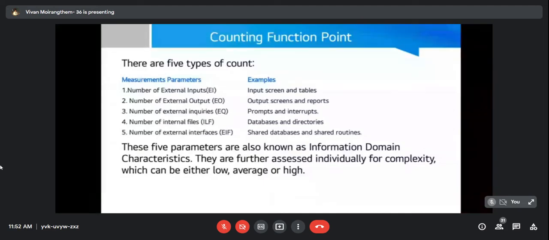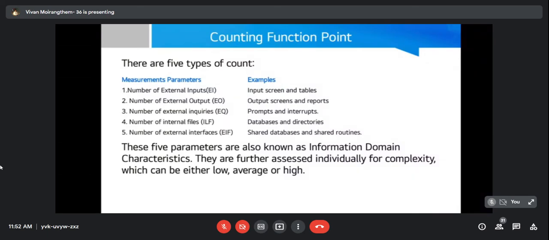These include data entry by users or data or file feeds by external applications. Then the second parameter is external outputs. These include reports created by the application that is being counted, but these reports should include derived information. The third one is external inquiries. Now these include reports created by the application again, but this time the report should not include any derived data.